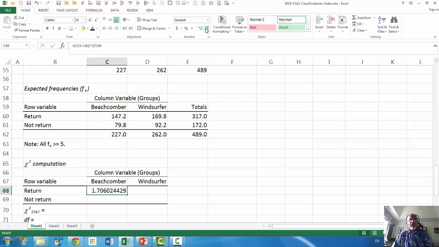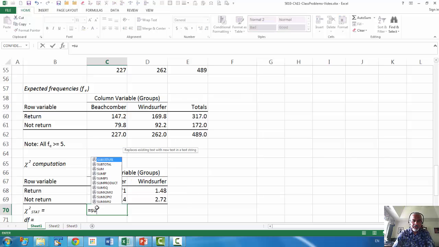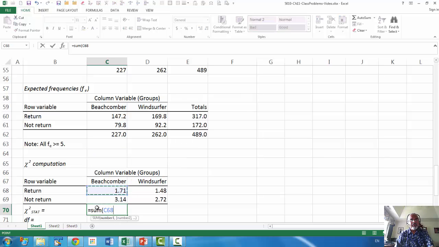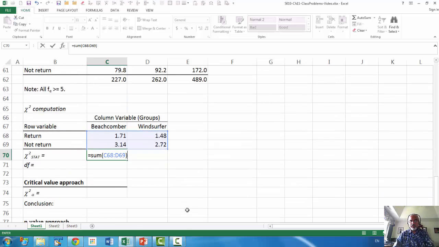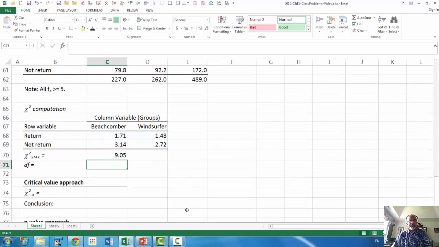You have to do that for all the cells, across and down. If you sum all of those contributions, you get the chi-squared statistic.